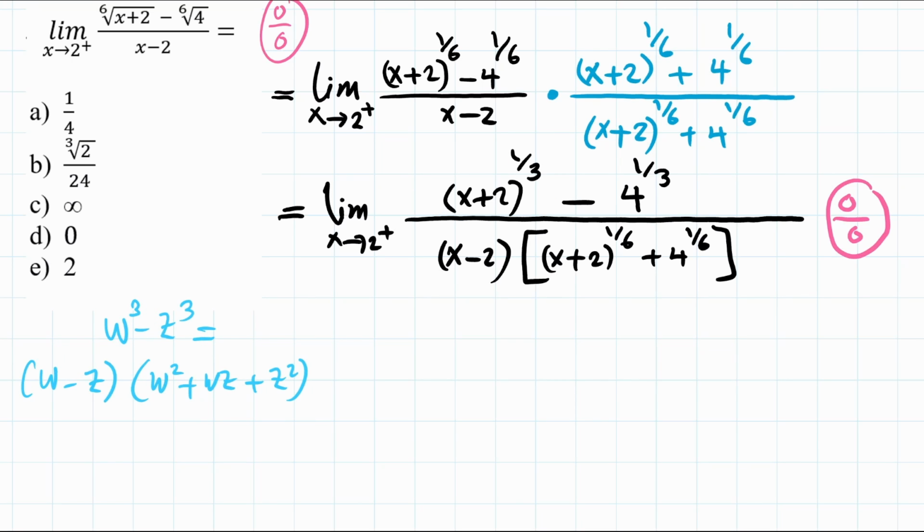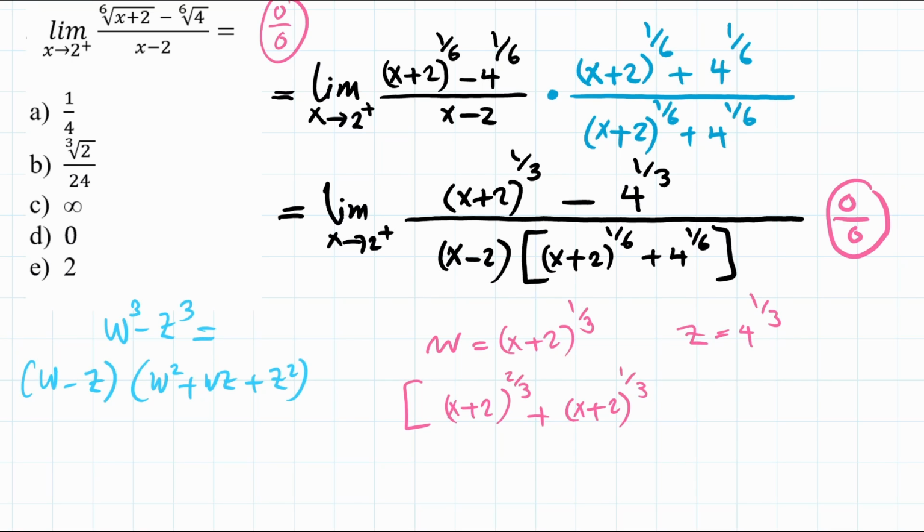So now we realize that w is equal to (x plus 2) power 1 over 3, and z is equal to 4 power 1 over 3, and the needed expression is w squared, which is (x plus 2) power 2 thirds, plus w times z, which is (x plus 2) power 1 over 3 multiplied by 4 power 1 over 3, plus z squared, which is 4 power 2 thirds. So this is the needed expression for you to get something decent on the numerator.